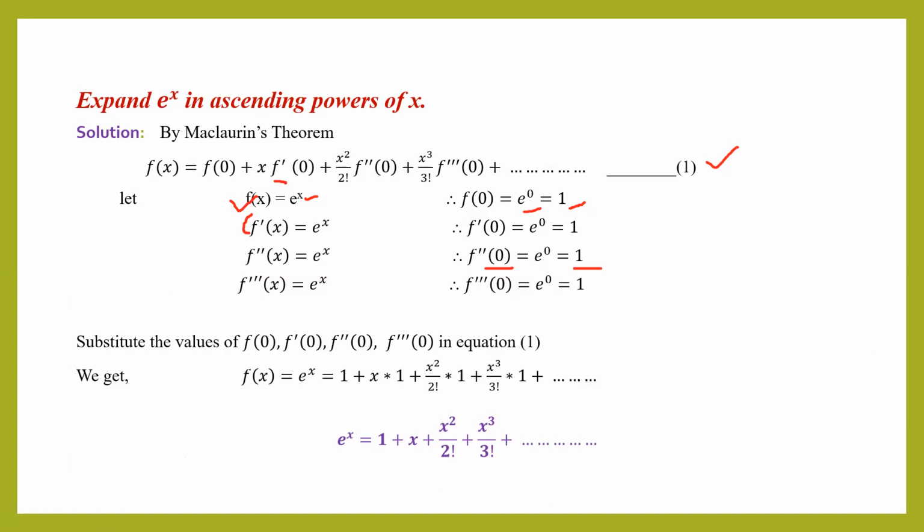If suppose we have to find the expansion of sin x, then we have to treat this sin x as f of x. As the function is sin x, the corresponding values f of 0, f dash of 0, f double dash of 0, f triple dash of 0 will change. And when you substitute these values in Maclaurin's theorem, you will get the expansion of sin x in increasing powers of x.